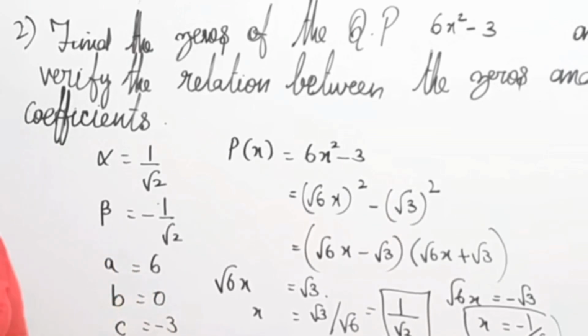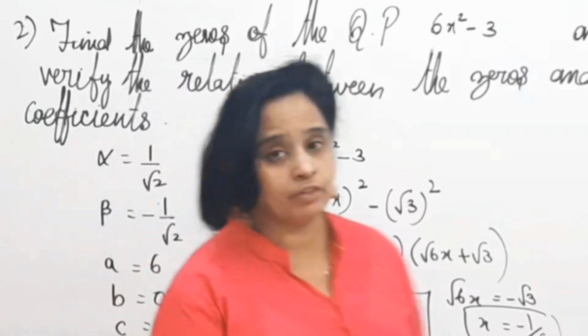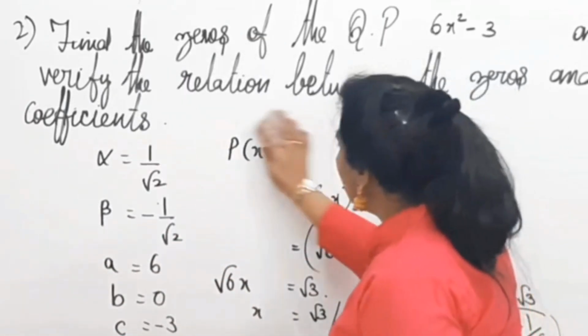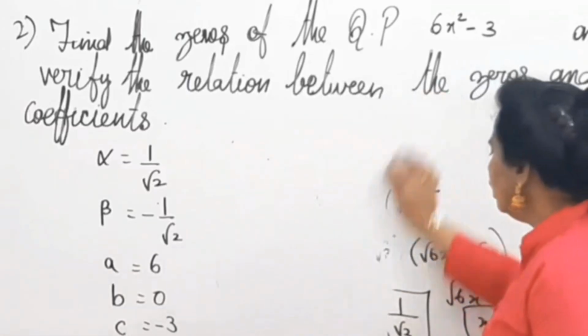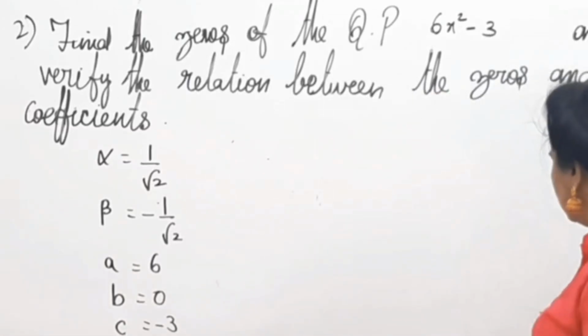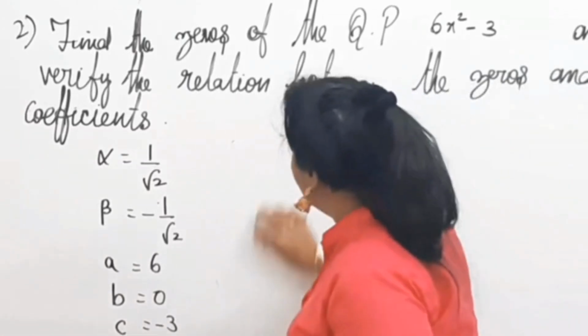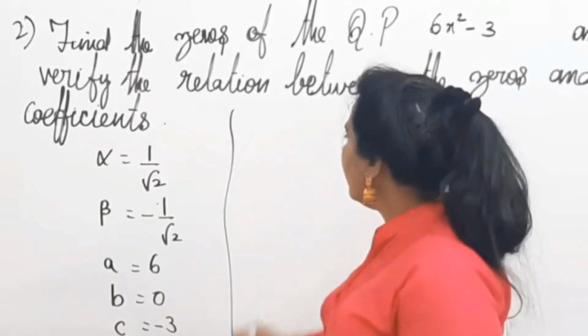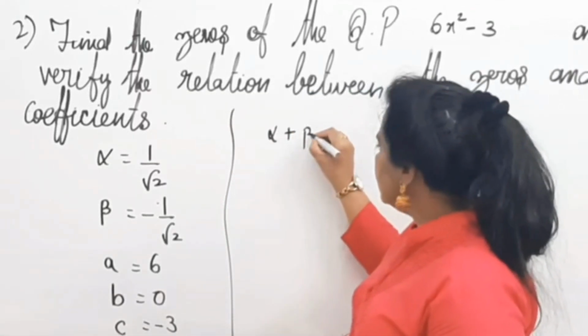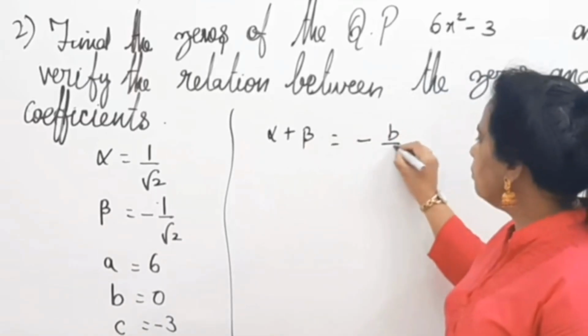So now I'm going to find the relationship between the zeros and the coefficients of the quadratic polynomial. So let me have my relation first. The first relation says alpha plus beta is equal to minus b by a.